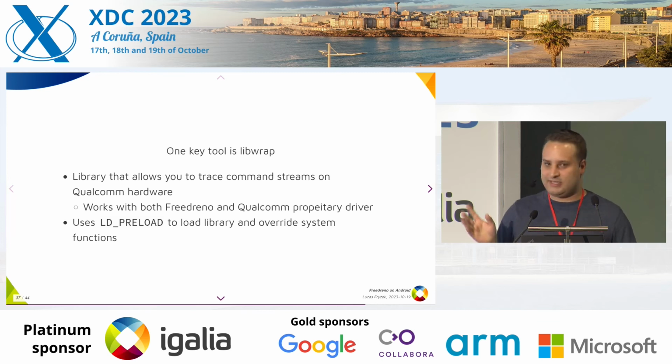Unfortunately, it uses the LD_PRELOAD mechanism to override system functions like open, read, write, and ioctl, for example, to capture those calls and then write them out to a file that you can use for comparison later. And because of the way Android works, you can't just LD_PRELOAD and launch your APK. It's not as nice as Linux in that regard.